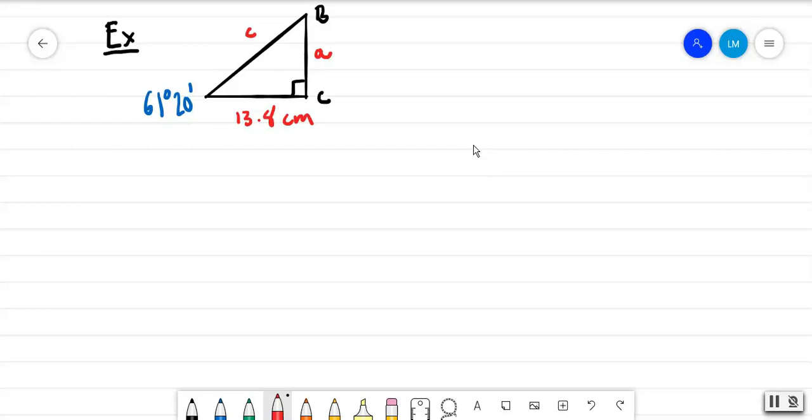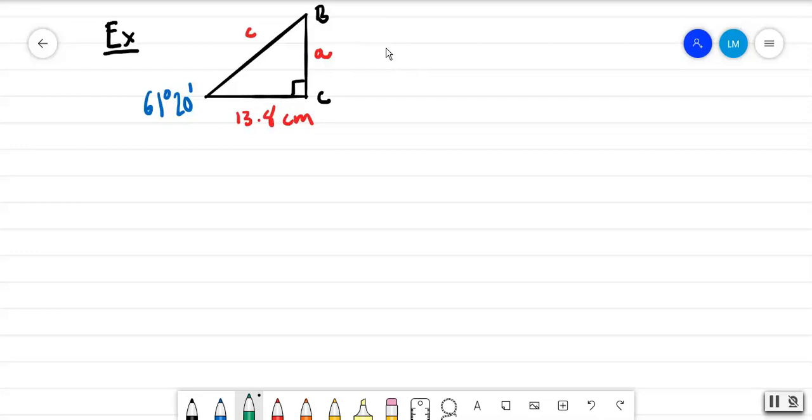So what we're going to do is a little bit of extracting the information. We know what angle A is. We don't know A or C. And we do know the side B, which is adjacent.